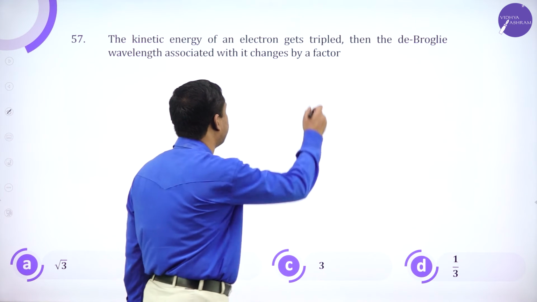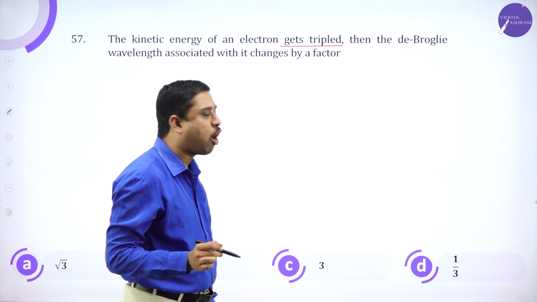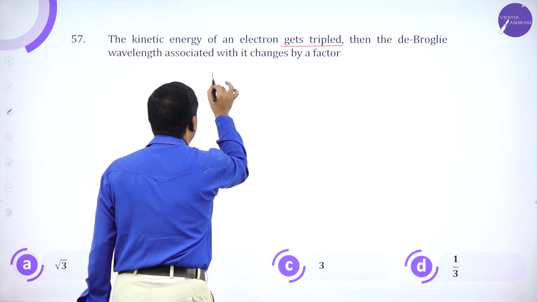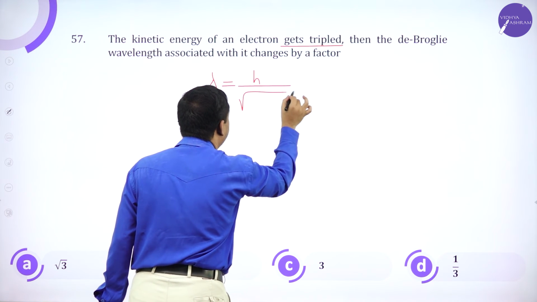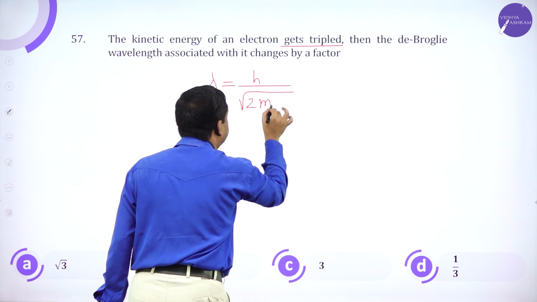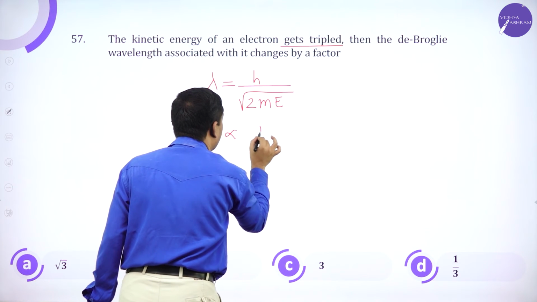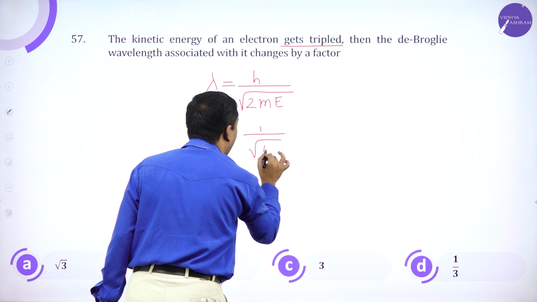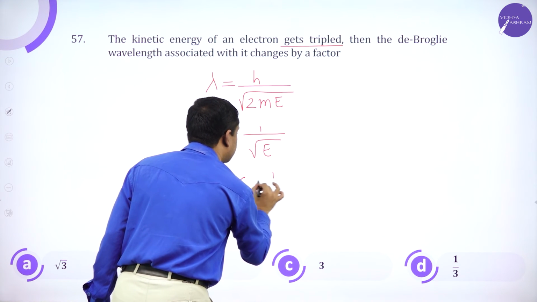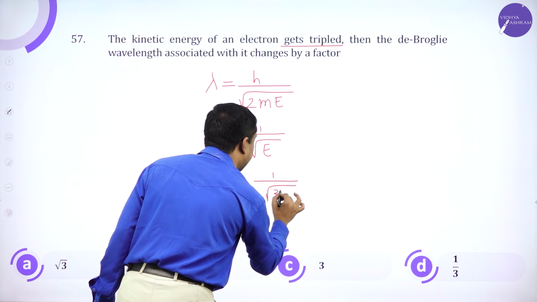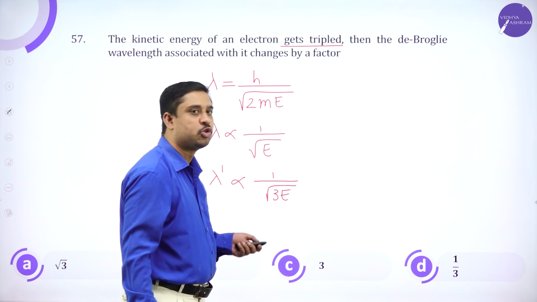Kinetic energy of an electron gets tripled. Then what happens to de Broglie wavelength? We know de Broglie wavelength is h divided by root 2mE, so it is proportional to 1 by root E. Now lambda dash corresponds to root 3 times E. So when you take the ratio, 1 by root 3 should be the answer.